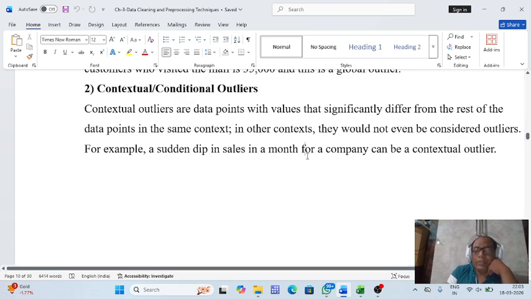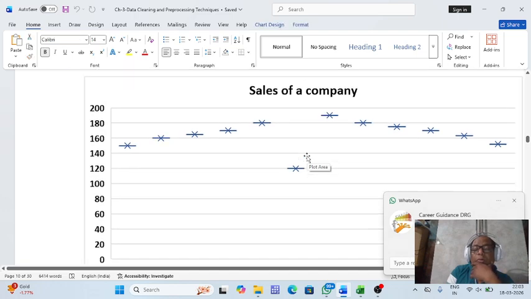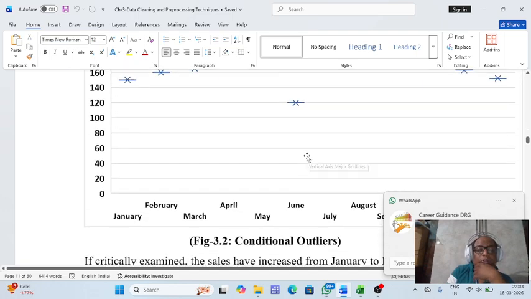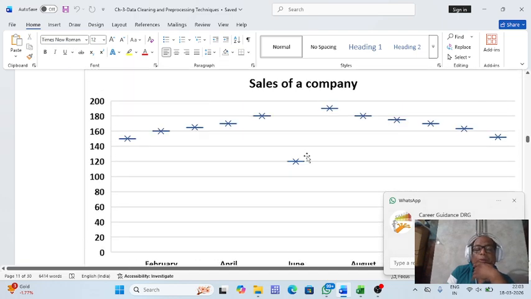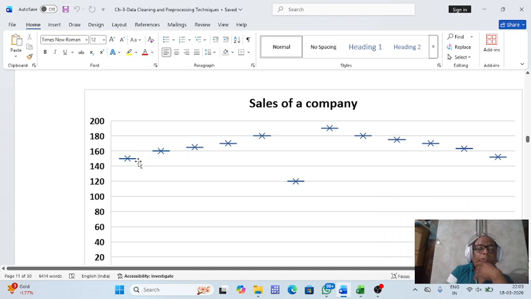And if you see the sales of the company in the months January to December, there is an increase from January to May, and around 162, there is a decline up to 120. Then again it has gone up, and again it has gone down.